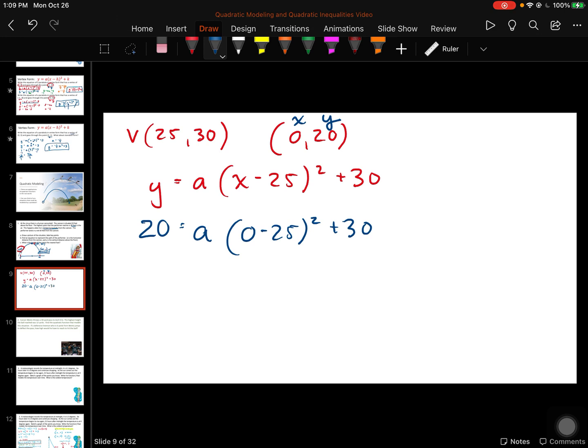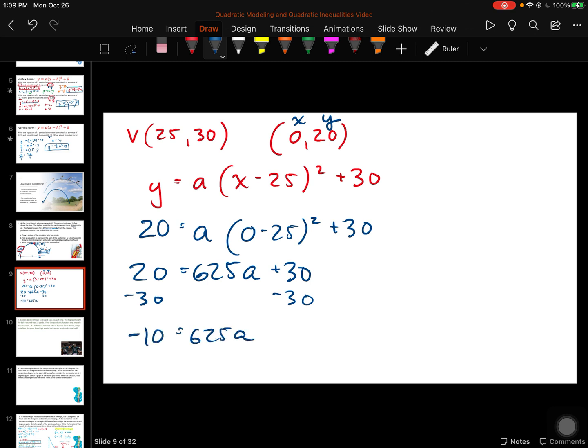Now we can solve it out. Negative 25 squared gives me 625a plus 30. I have a 20 over here. Subtract 30, divide by 625. I get negative 10 equals 625a. We'll get a decimal for this.